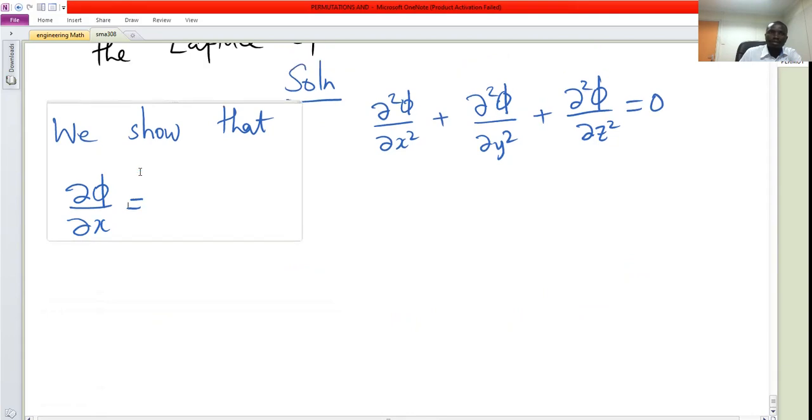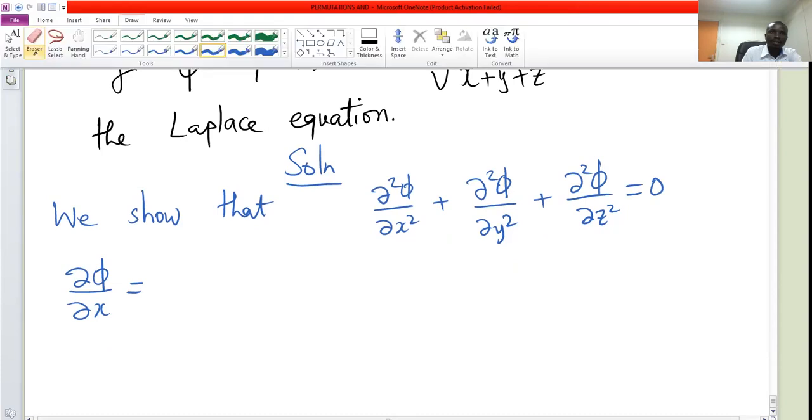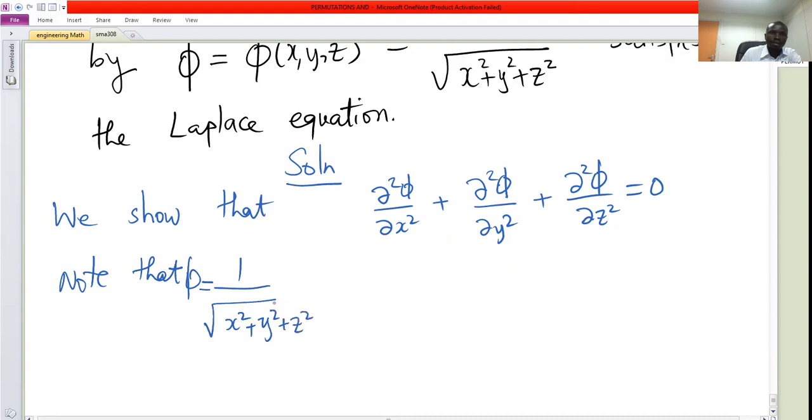Now remember, to make our life easier, note that 1 over square root of x squared plus y squared plus z squared is the same thing as writing x squared plus y squared plus z squared raised power minus a half, just using laws of indices.